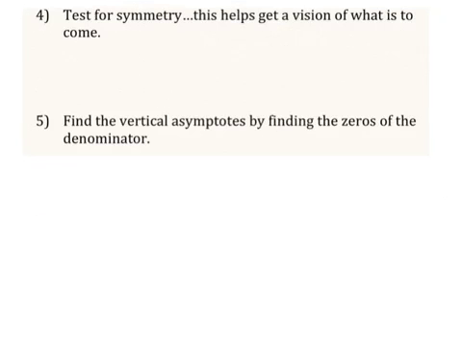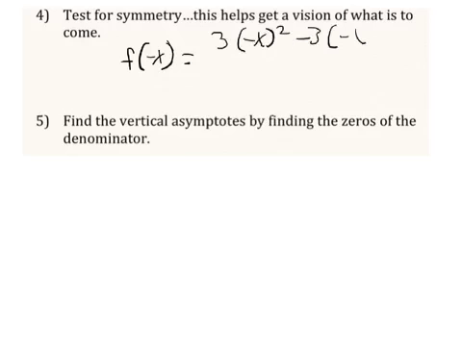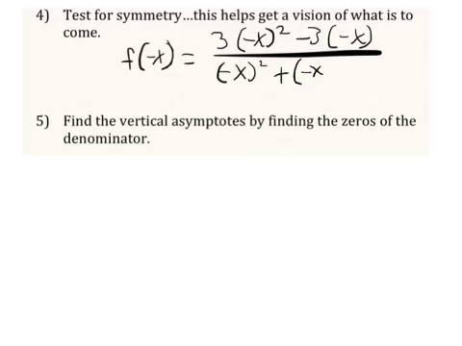Alright, so we want to test for symmetry. So we've got f of negative x. f of negative x equal to 3 times negative x squared minus 3 times negative x over negative x squared plus a negative x minus 12.